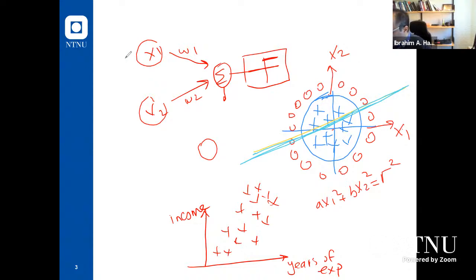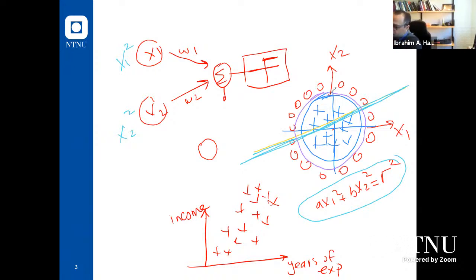But if we work with x1 squared and x2 squared, we can generate, in fact, this equation of a circle. So instead of working with a decision boundary which is a straight line, we can generate a decision boundary which is a circle, right? We will have this example.